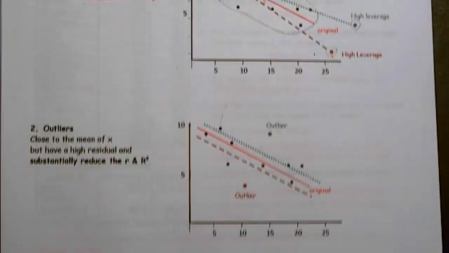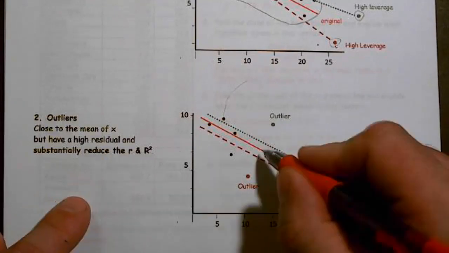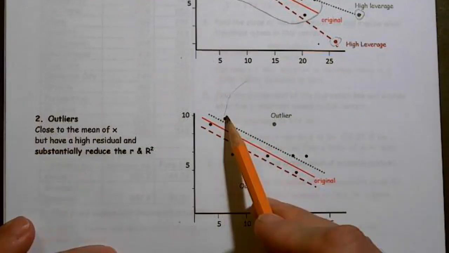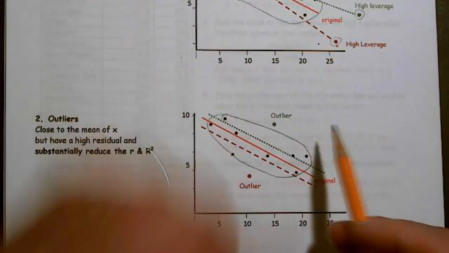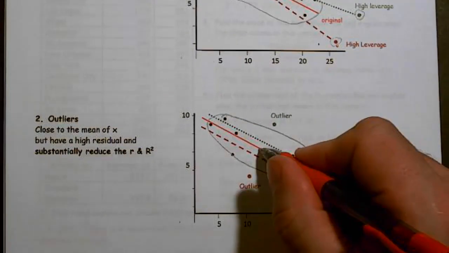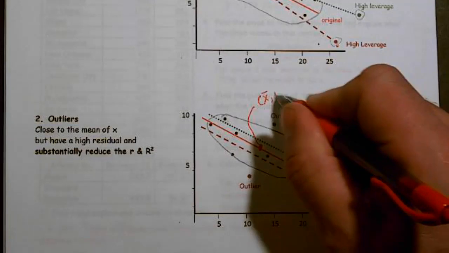An outlier, on the other hand, is close to the mean because once again, here's my original set of data. So there's my original set of data, and here would be my average, my x bar and my y bar.